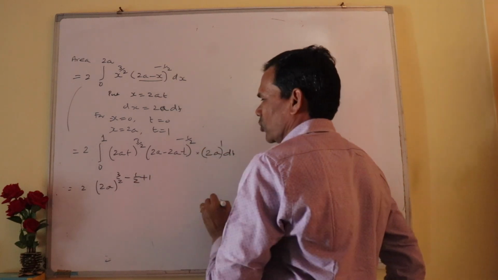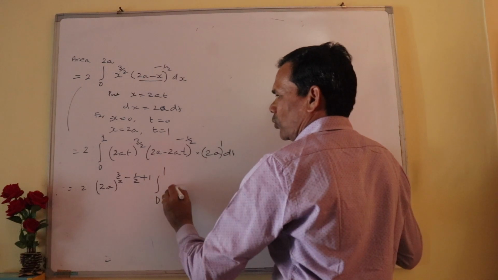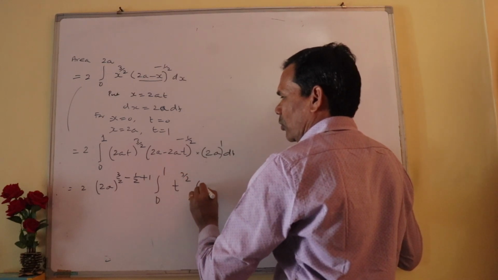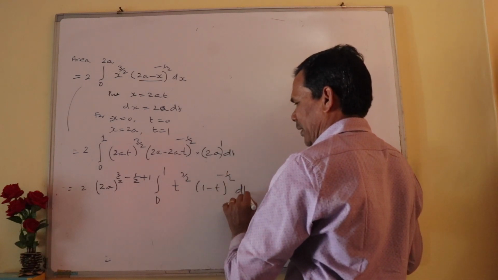So this is bracket raised to 1, limits 0 to 1, t raised to 3 by 2, 1 minus t, bracket raised to minus half, dt.